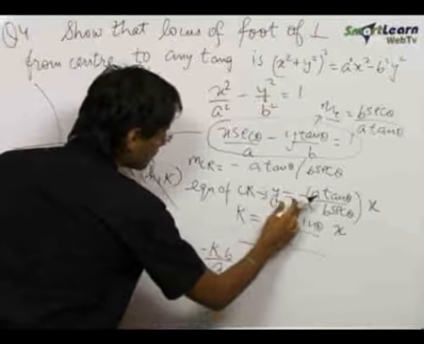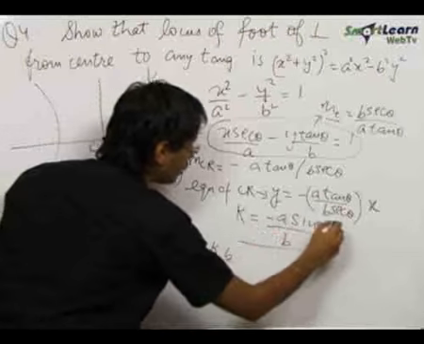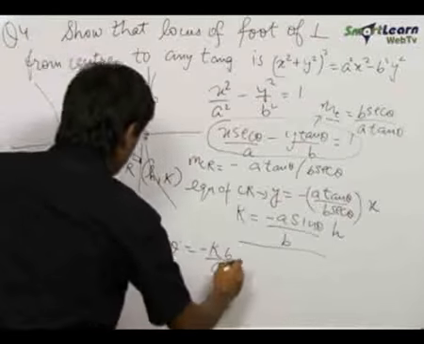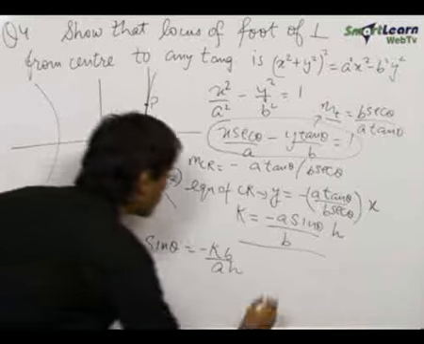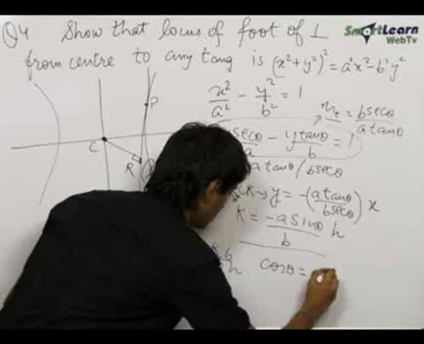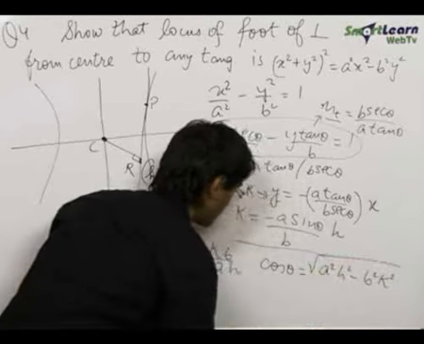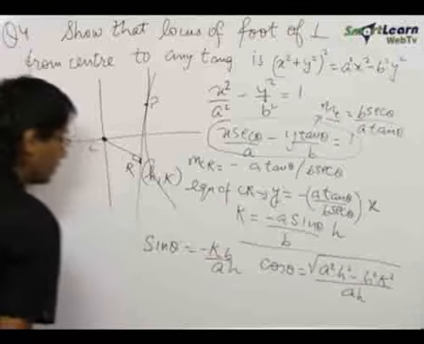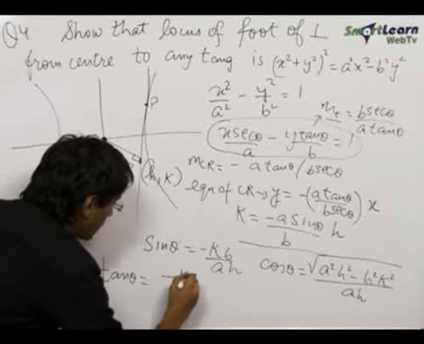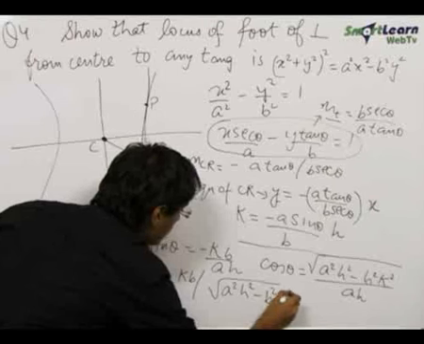Hence our value of sin θ comes out to be equal to −kb/(ah). So the value of cos θ comes out to be equal to the square root of 1 − sin²θ, that is √(a²h² − b²k²)/(ah), and hence the value of tan θ comes out to be sin θ/cos θ, that is −kb/√(a²h² − b²k²).